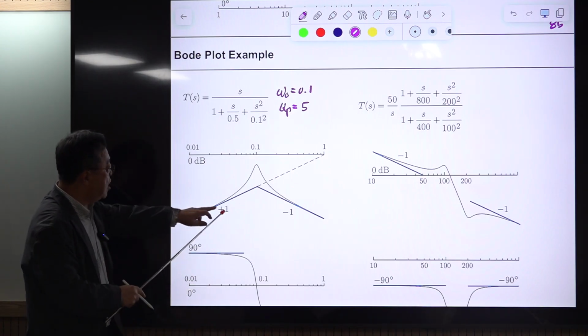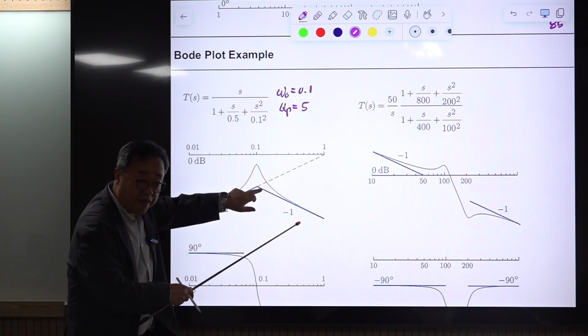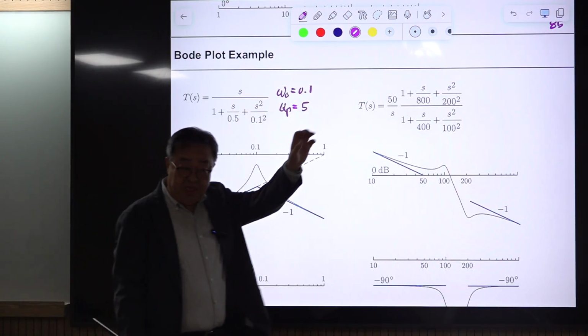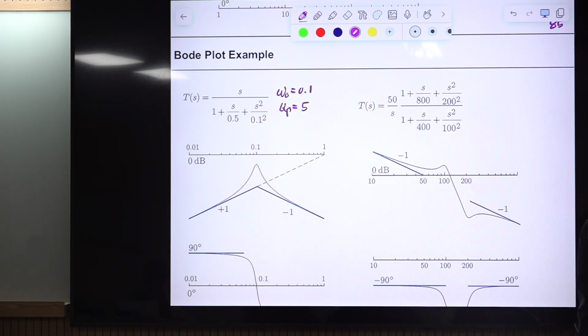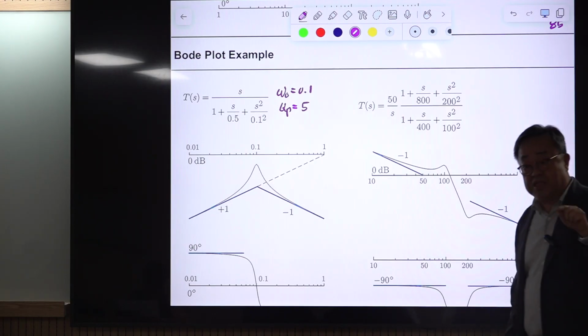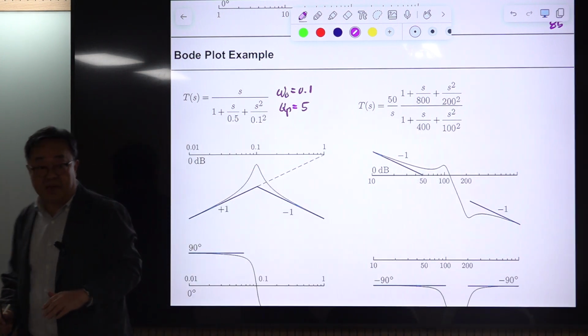So this plus 1 slope is changed to minus 1, because this double pole brings down the slope by 2, okay? And an RHP zero brings up slope by 2. A single pole brings down slope by 1, and a single zero brings up slope by 1, something like that, okay?